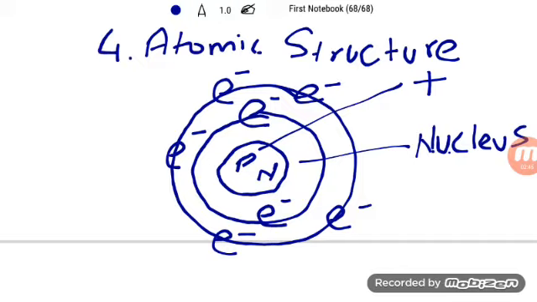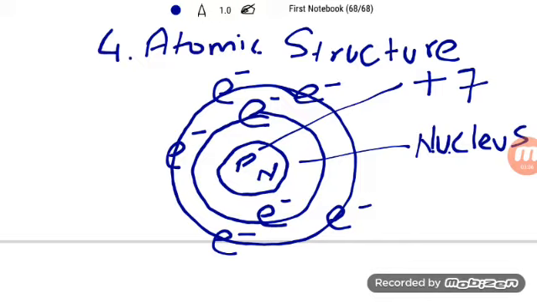1, 2, 3, 4, 5, 6, 7. So if I have drawn 7 electrons, how many protons will be there? Yes, there will be 7 positive charges inside the nucleus. And all these 7 positive and all these 7 negative particles will constitute a total of 0 charge.